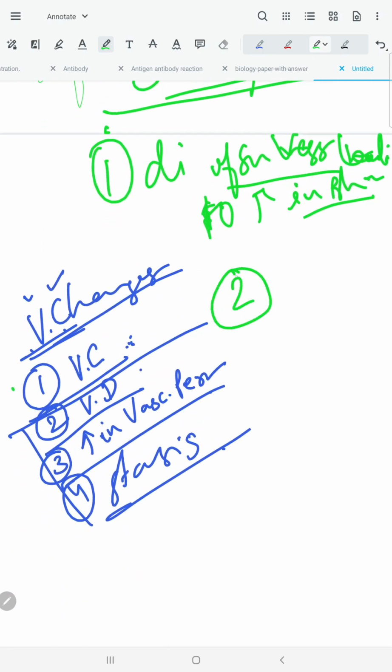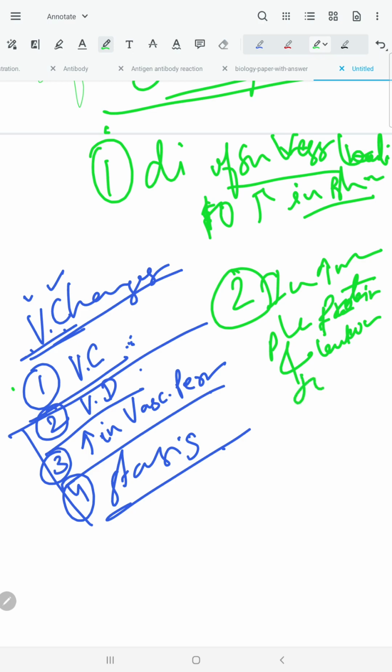Second, increase in permeability of the microvasculature, enabling plasma protein and leukocyte to leave the circulation. ठीक है, increase in the vascular permeability causing the plasma protein and leukocyte to leave the circulation.